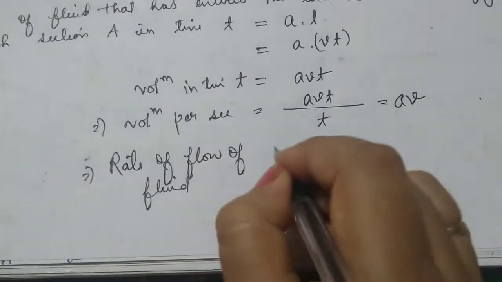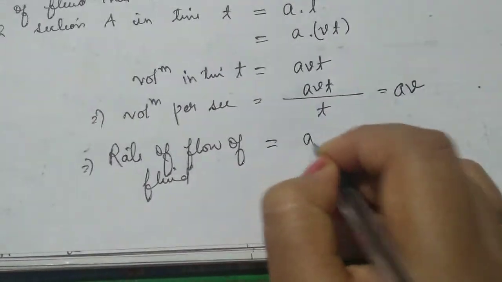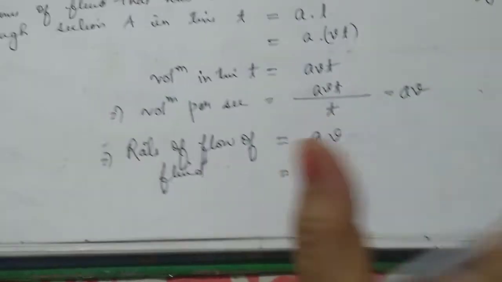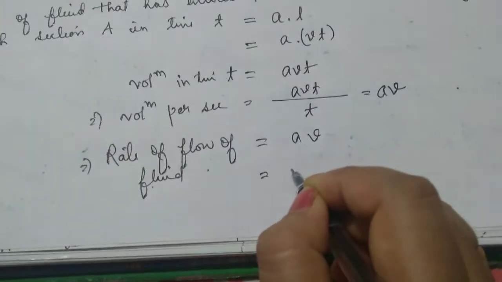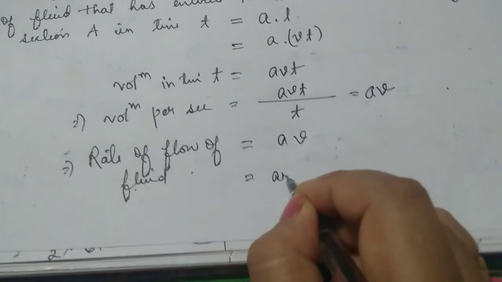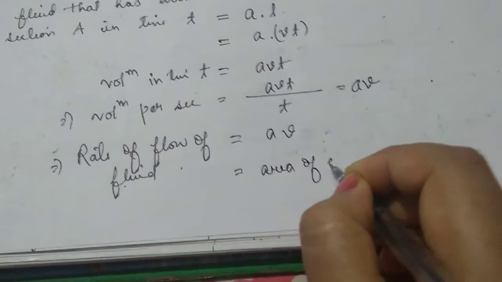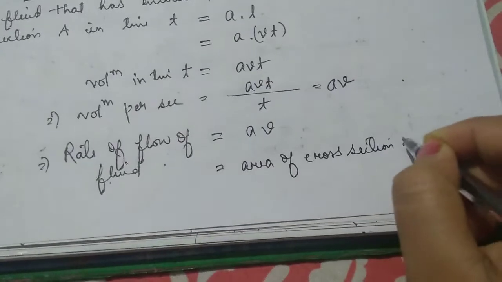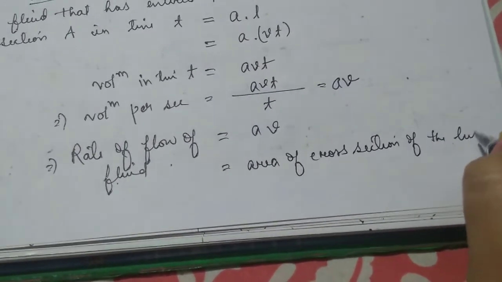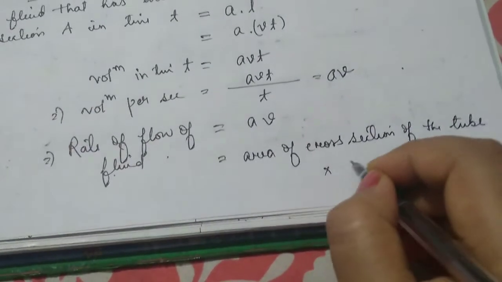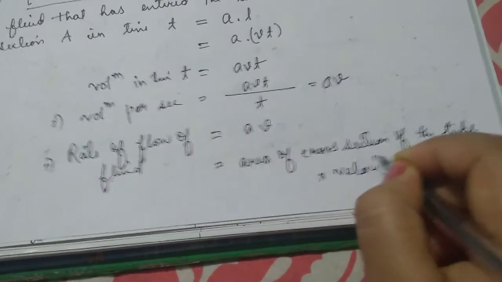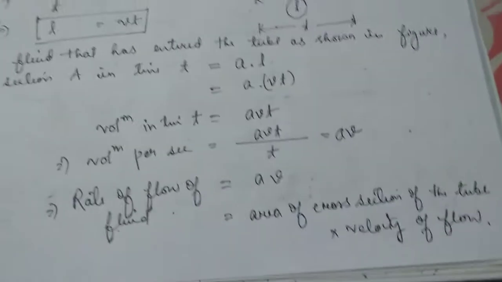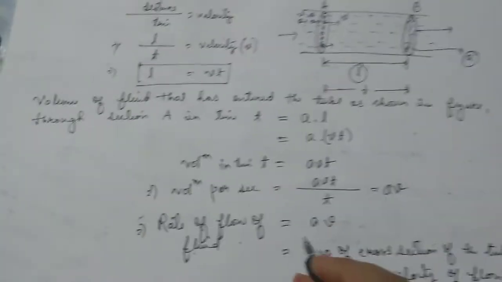So that thing is called A into V. That means the rate of flow of fluid through any tube is equal to the product of the area of cross section of the tube and the velocity of flow. Understood?